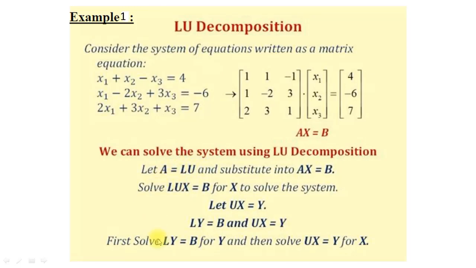So after this step, using the lower triangular matrix and matrix B, find a column matrix Y, and then solve the system UX = Y for X using the upper triangular matrix and the Y matrix for the unknown matrix X. But the question is how to decompose the matrix A into two matrices, a lower triangular matrix and an upper triangular matrix.